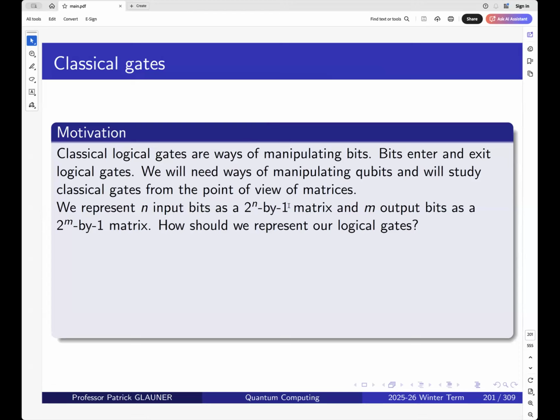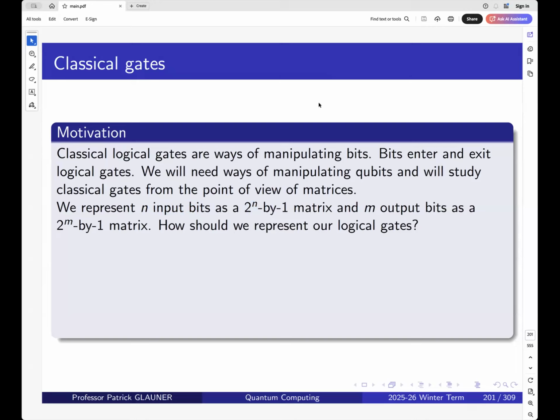Now, for example, imagine we have some gate, and that gate would have n many inputs, for example, 5 inputs, and like 2 outputs, m many outputs. Then I can represent such a gate by a matrix. Concretely, I could represent the inputs, these n inputs, by a vector which has 2 to the n many entries.